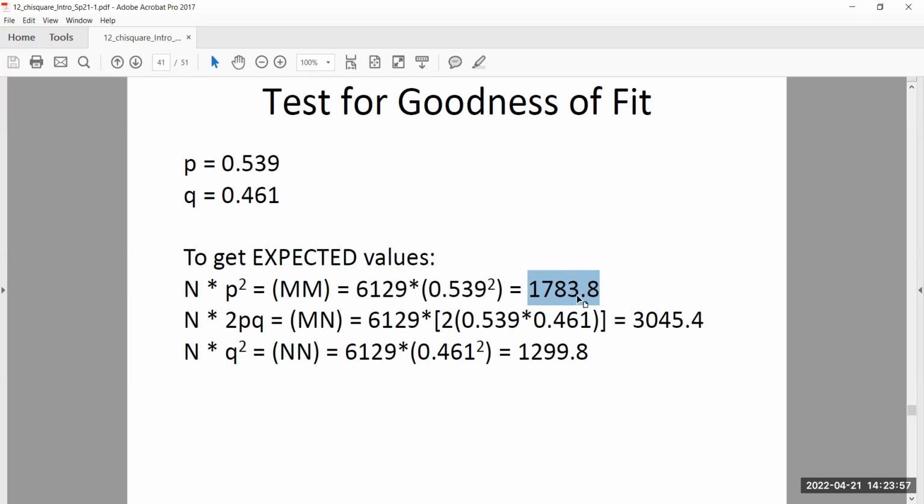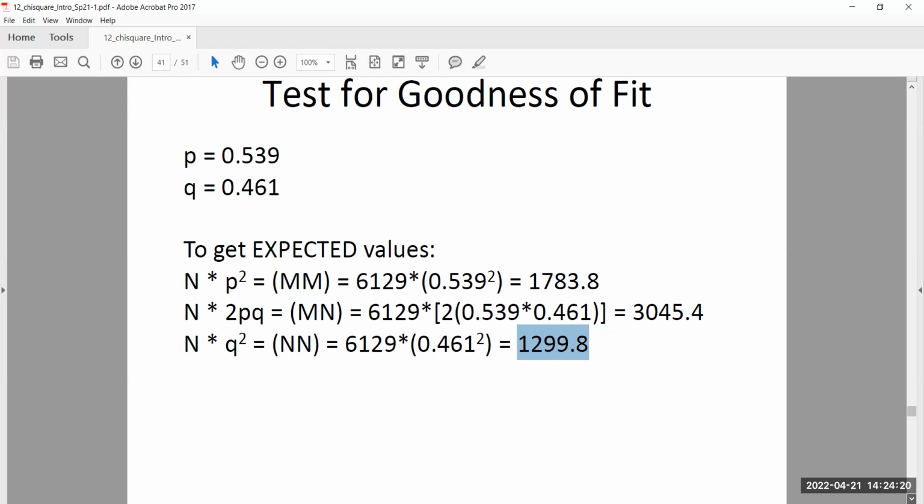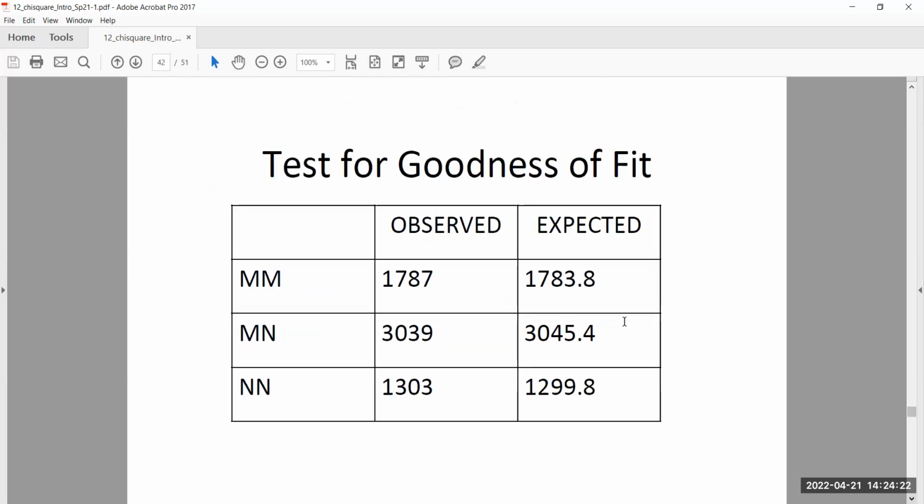They don't have to round off exactly to a whole number because they're calculated from those frequencies. So we're going to have our expected values of 1,783.8, 3,045.4, and 1,299.8.